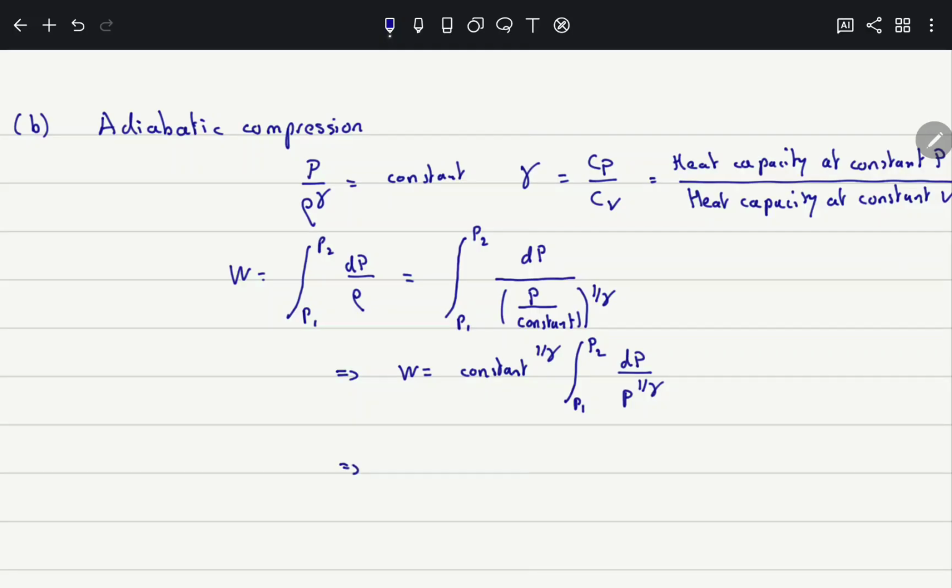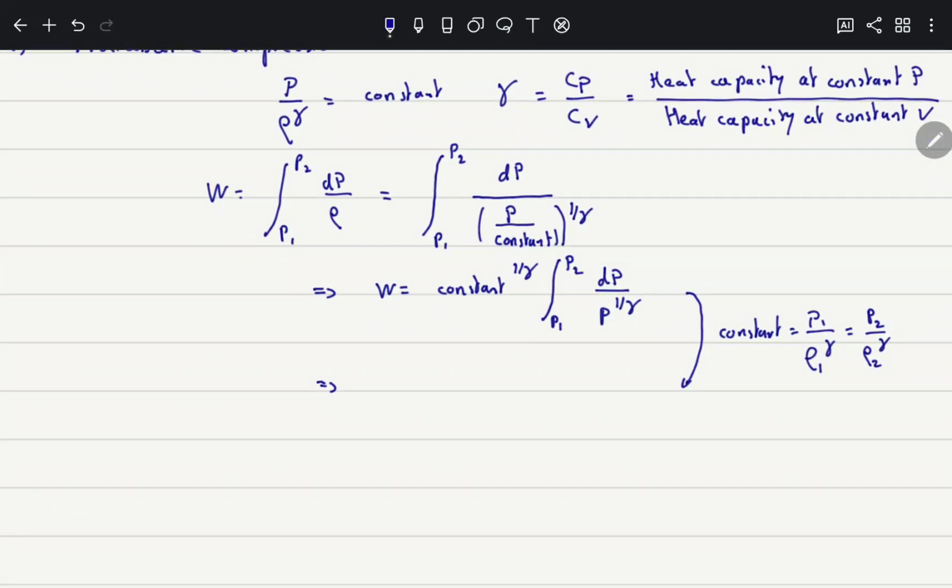And that constant, like we did for the isothermal compression, could be, let's say, P1 over rho 1 to the power of gamma. It could also be P2 over rho 2 to the power of gamma, etc.